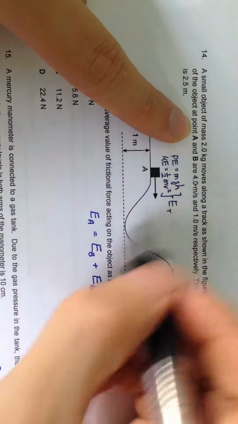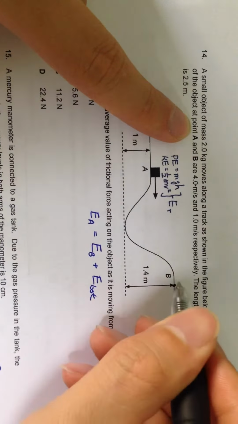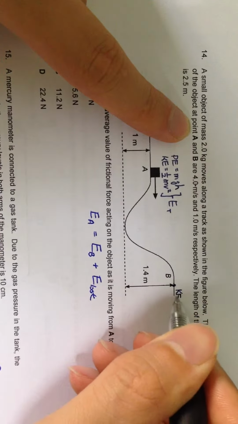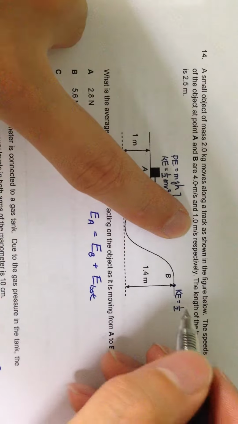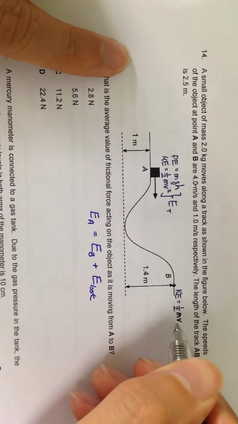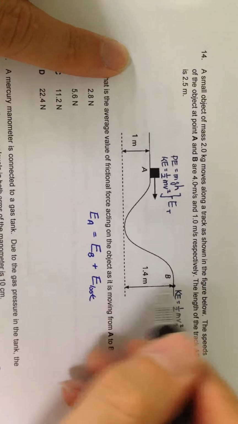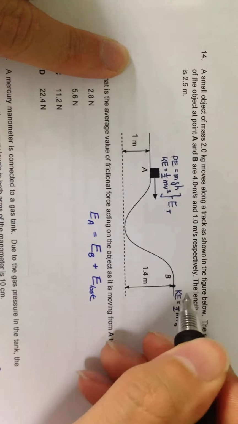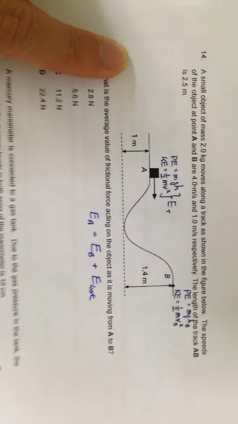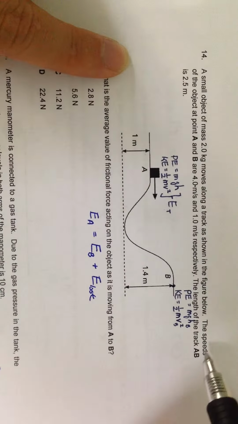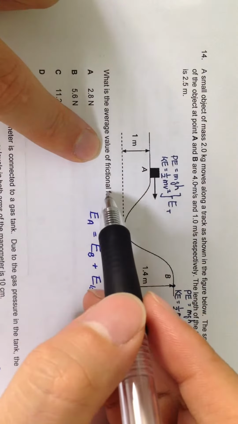So this thing will travel all the way to B. At B, of course, it will also have some KE because there's some speed, 1 meter per second. And because there's a height, your PE will equal mgh as well. They tell you about the length of the track, and they tell you that actually there's friction.